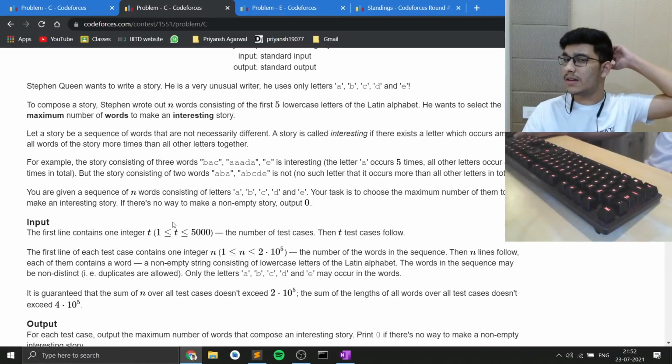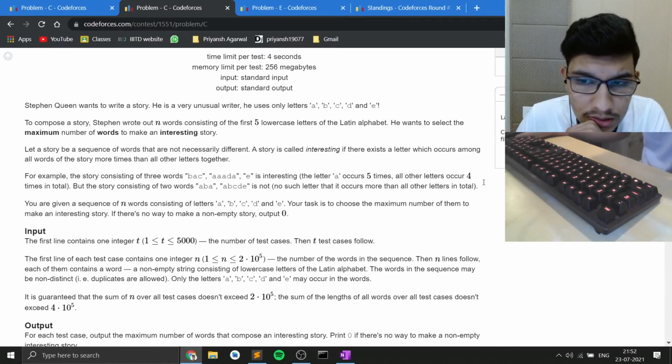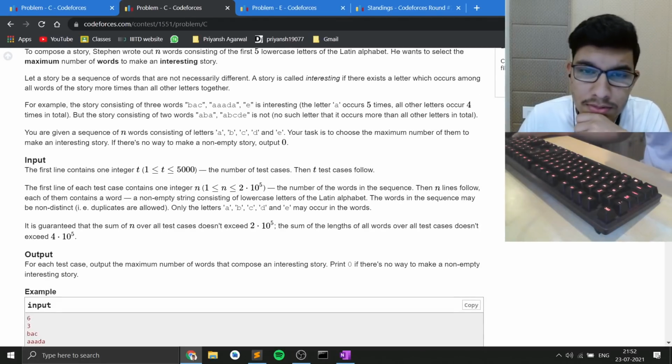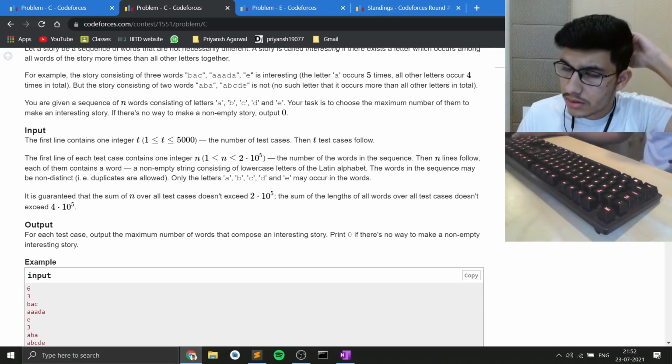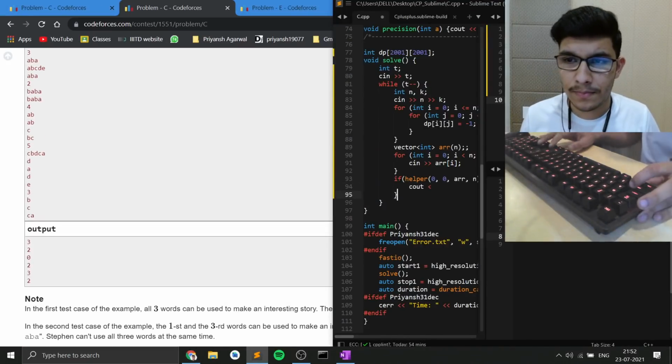So we have to find a letter which occurs... Okay, I had completely understood the problem in a wrong way. I was thinking that whatever character we choose, it has to occur the maximum number of times compared to the other characters. But here we are talking about the total sum. So yeah, I think this can be done.